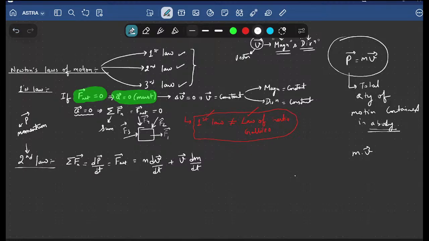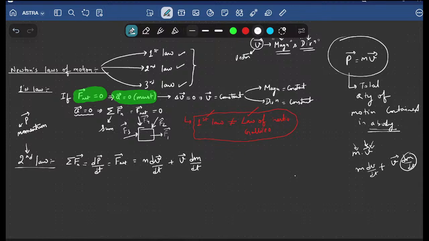Suppose I am differentiating v, then I will leave the m and write m dv by dt, and then I will put a plus sign in between them, and then I will write v dm by dt. Now it's a chance of m, not v. I will give one chance to both of them, m and v both.